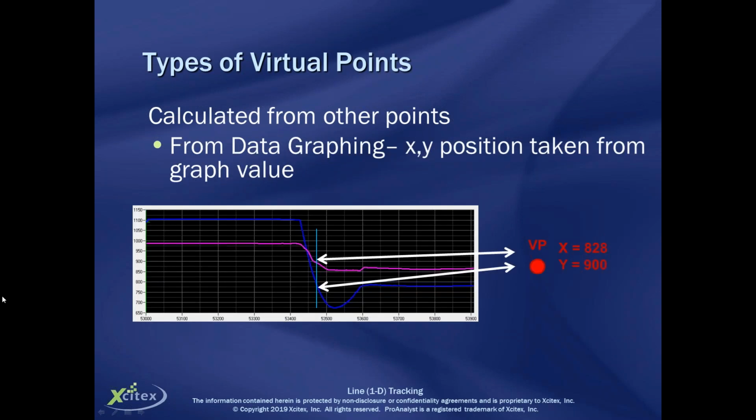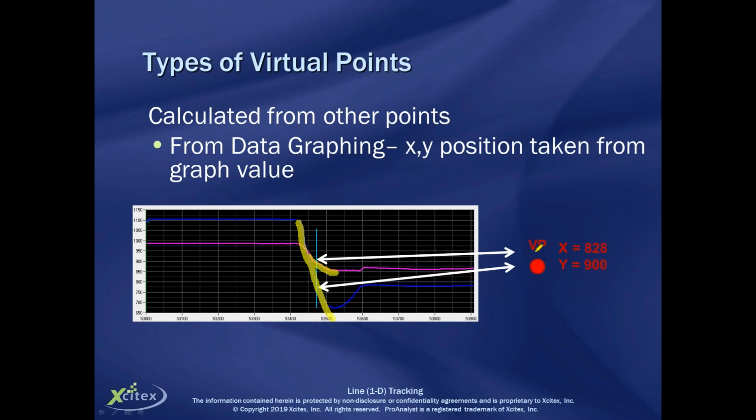And then the last one is from data graphing. And what this does is this generates a virtual point based on information and data gathered from the XY positions of a graph data. So in this instance, we have 2 graphing values here.